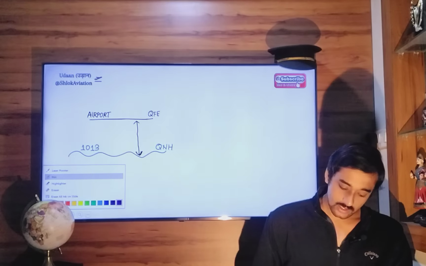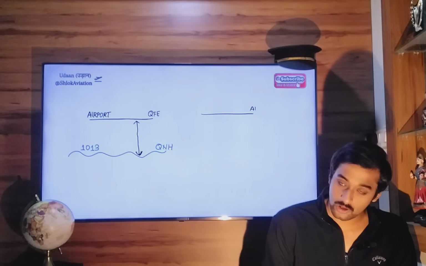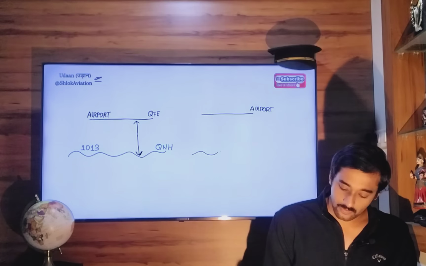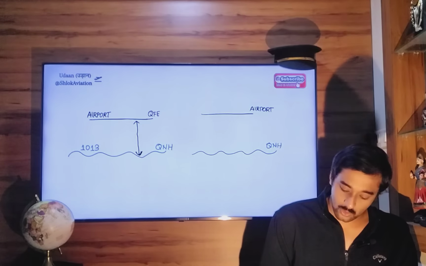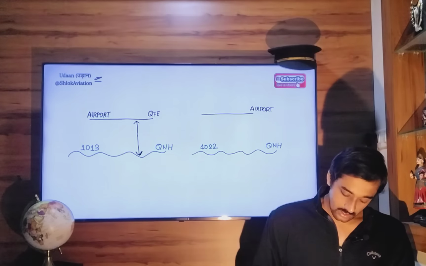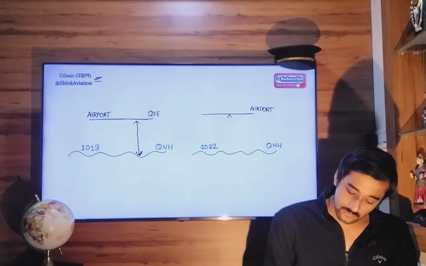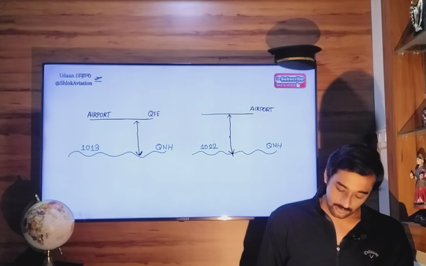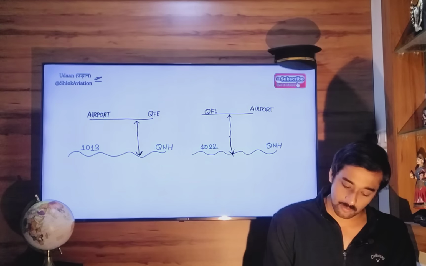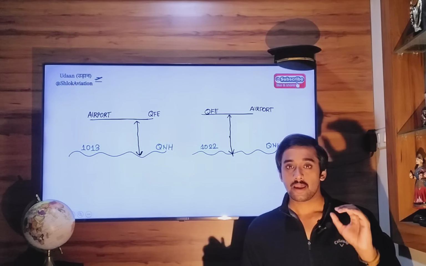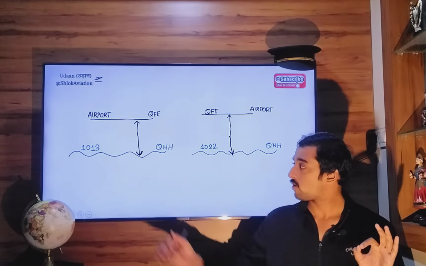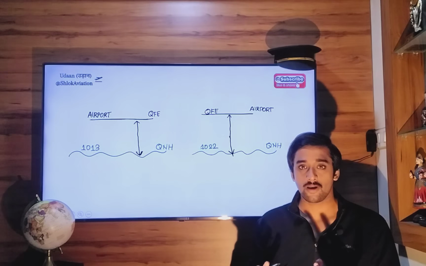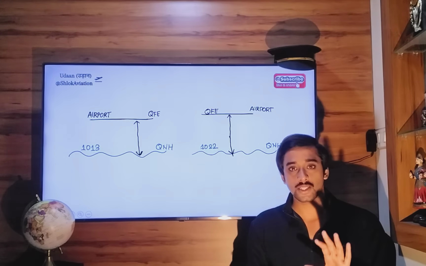Next, condition number two. This is your airport, same airport, and this is the mean sea level now, and now the mean sea level is 1022, and this is your elevation of the airport. QFE is nothing but aerodrome level pressure. So remember, if QNH increases from 1013 to a new value, or it decreases from 1013 to another new value, whether it increases or decreases doesn't matter.